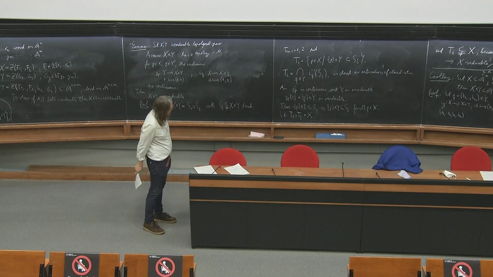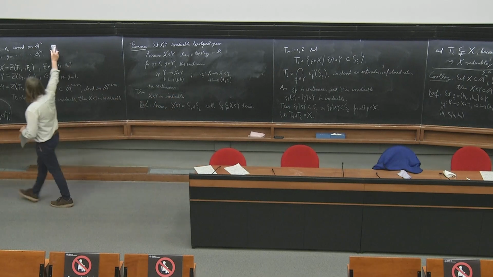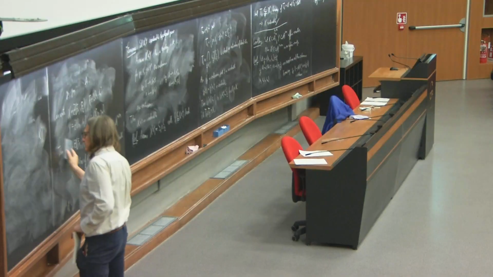And so in this case, the universal property tells us what the morphisms to the product are in terms of the morphisms to the two factors. And I will want to first show you this for affine varieties, and later we will also have to show it for projective varieties once we have defined their product.